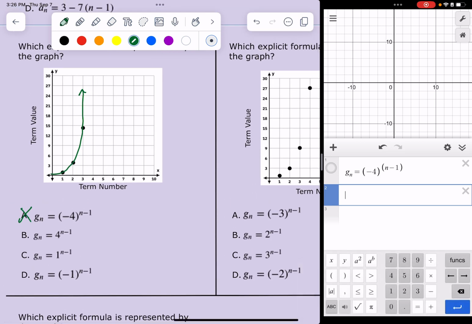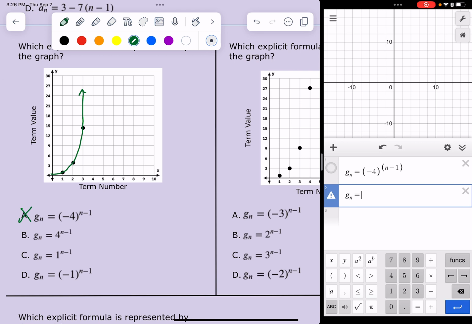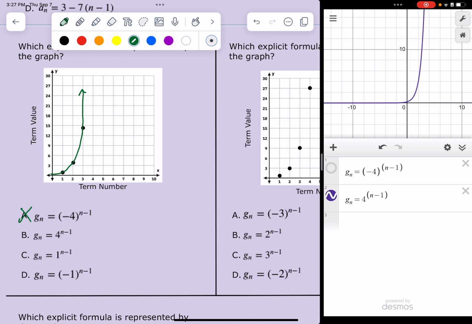Then let's try G of n equals 4 to the power of n minus 1. And that one does pop up. So maybe this is my answer, but let's try the next ones.